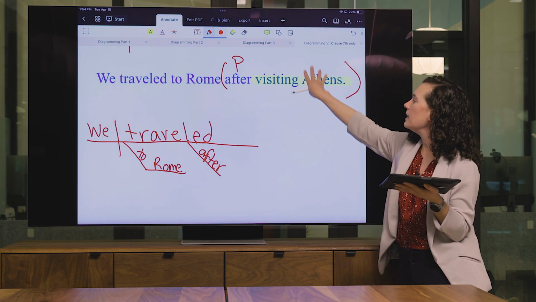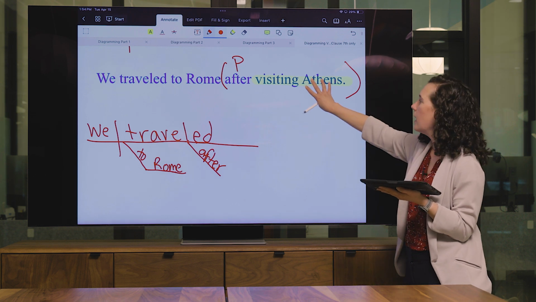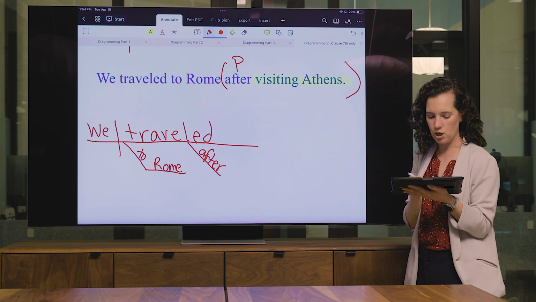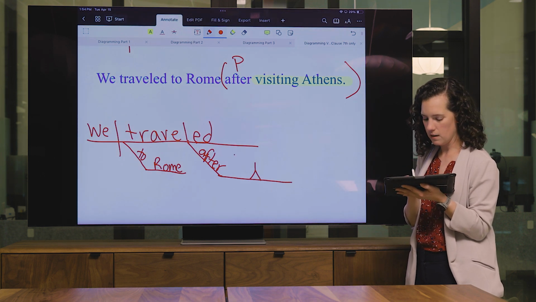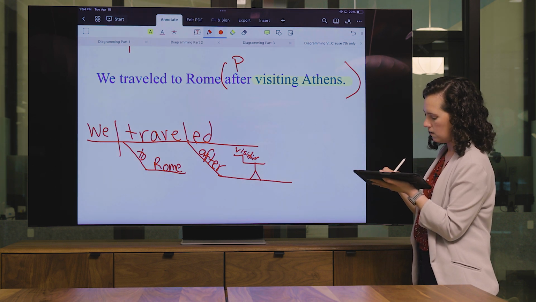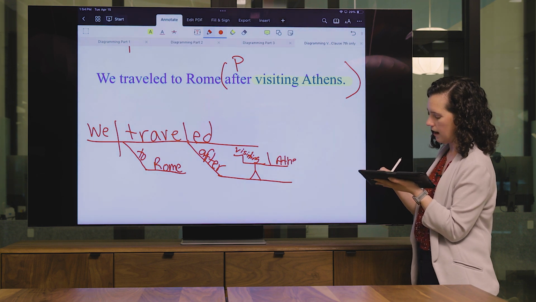Visiting Athens is a noun that tells us what we were doing, and it's acting as a noun. So after what? After we did this action of visiting Athens. So it's going to be diagrammed this way. Visiting is our gerund, and the object of that gerund is Athens.